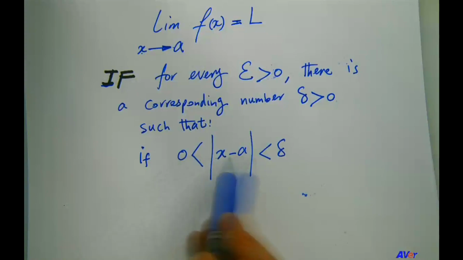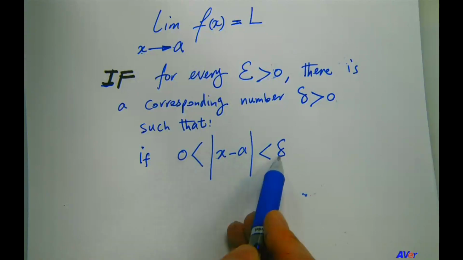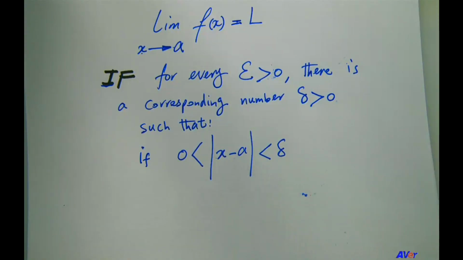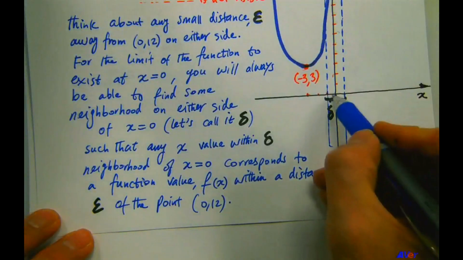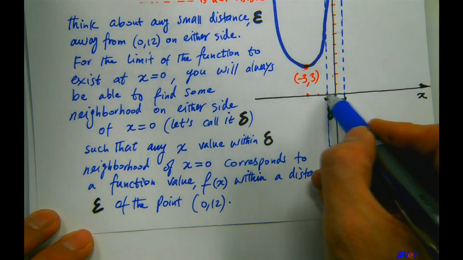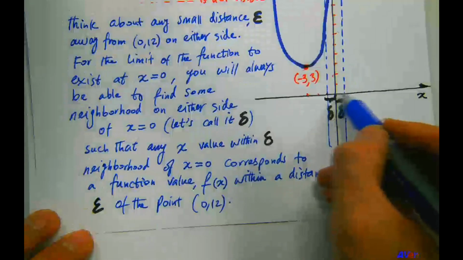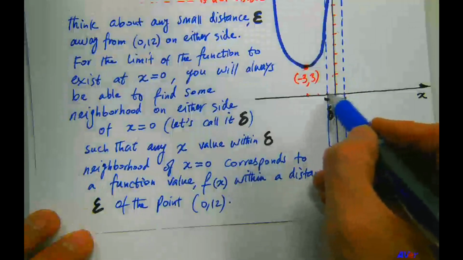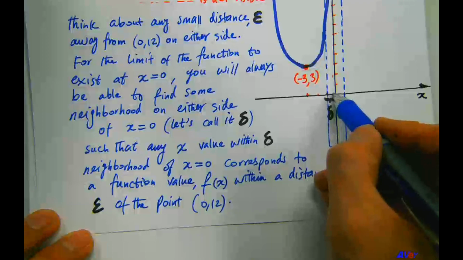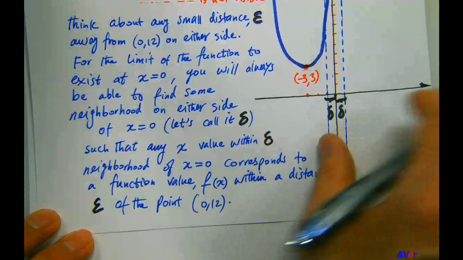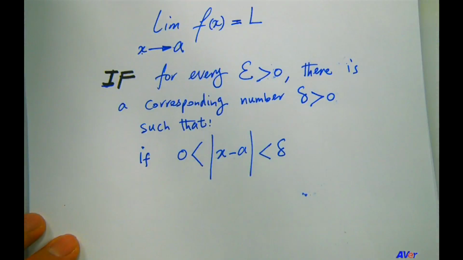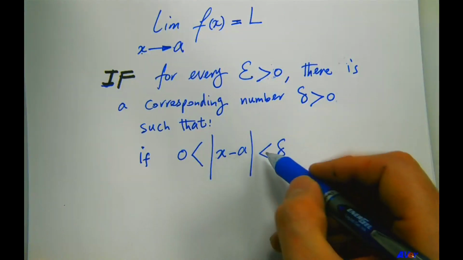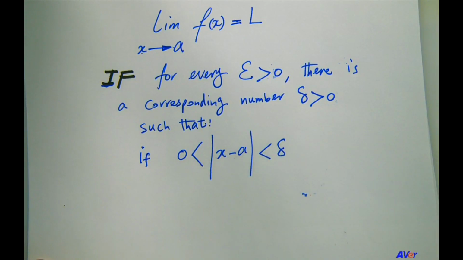So something positive, but between 0 and delta. In the graph that I drew, that would mean x minus a should be in this neighborhood, here and here. That's why the absolute value, right? It should be some distance, which is always positive. That's why we have the absolute value here. So some distance between 0 and delta.